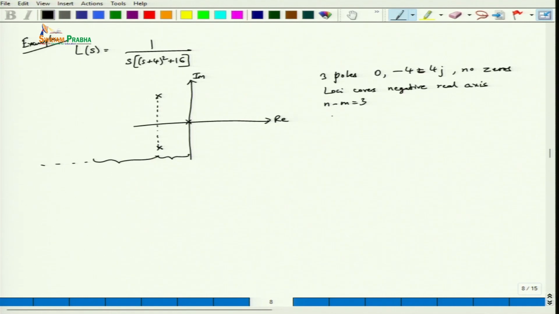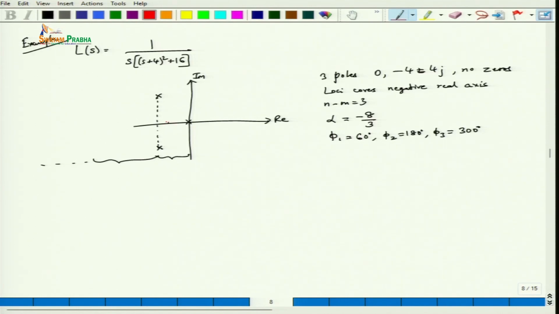So we need to find alpha, phi 1, phi 2 and phi 3. Alpha in this case will be minus 8 by 3. Phi 1 will be 60 degrees, phi 2 will be 180 degrees and phi 3 will be 300 degrees. So we are going to get an asymptote which starts at this particular location.